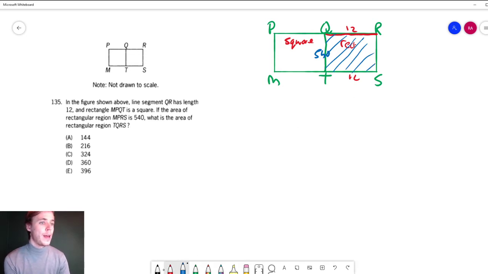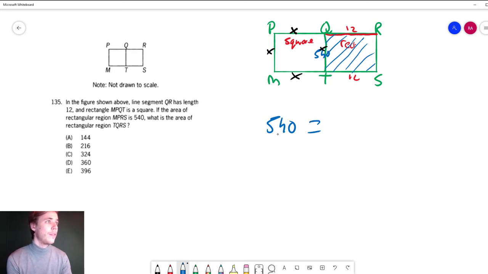Okay, we could solve it with algebra, or we could even solve it backwards. But let's start with algebra. We know this is a square, so all these lines are the same, let's call them x. So we know in total the area will be 540, and the area is of course the length times the width.